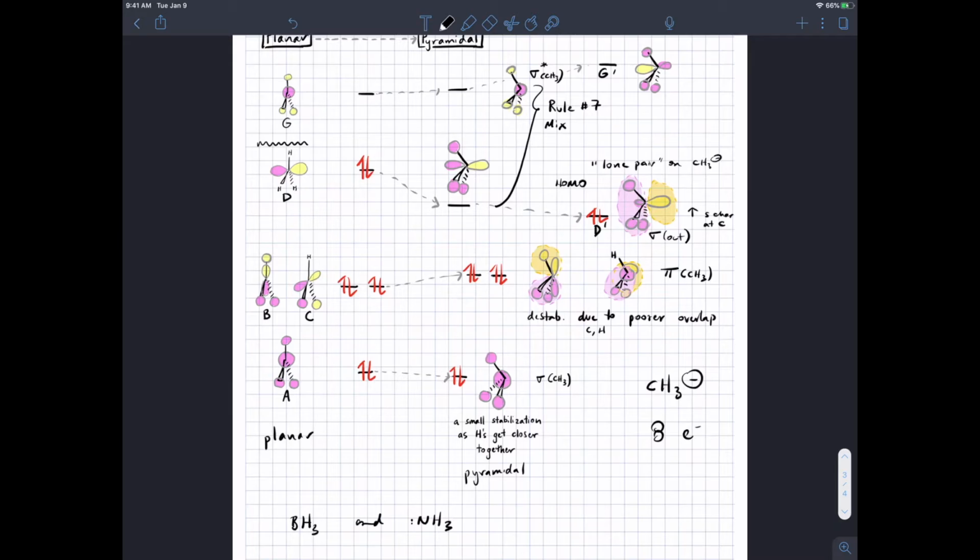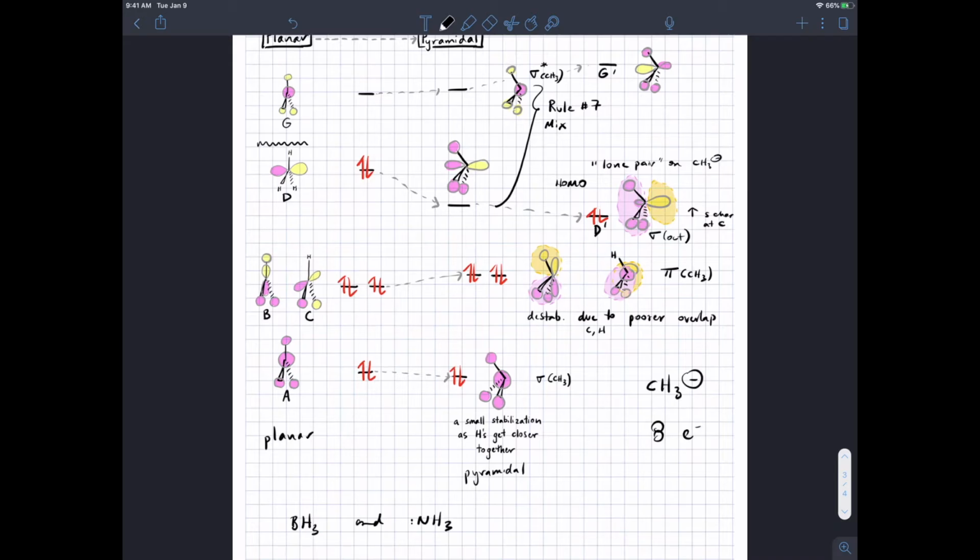It could be carbon, it could be nitrogen, it could be boron. I don't know, probably want to keep things within the same row of the periodic table, but you can use exactly analogous arguments to show why ammonia is pyramidal, whereas BH3 is planar.